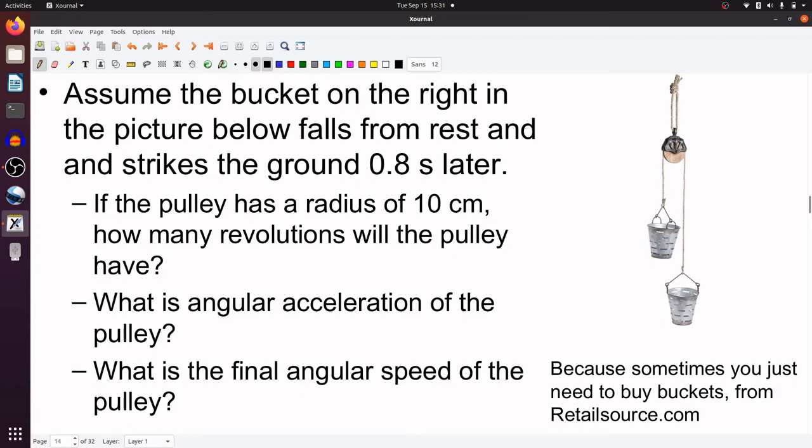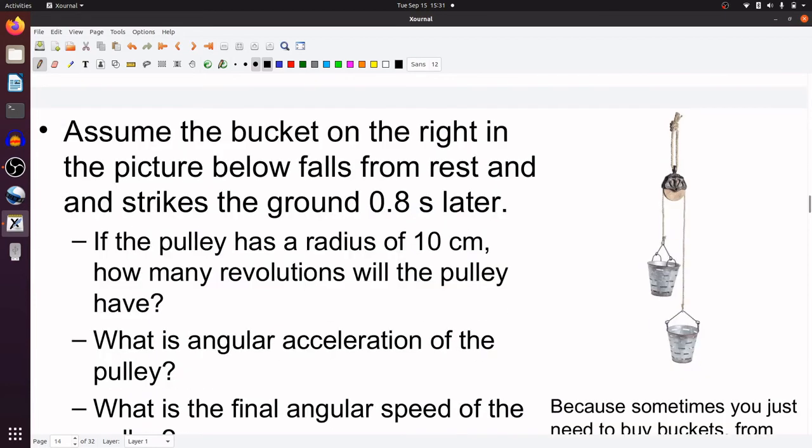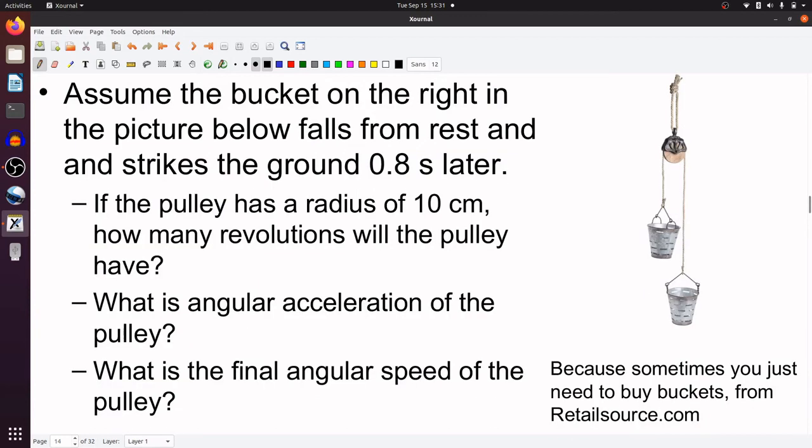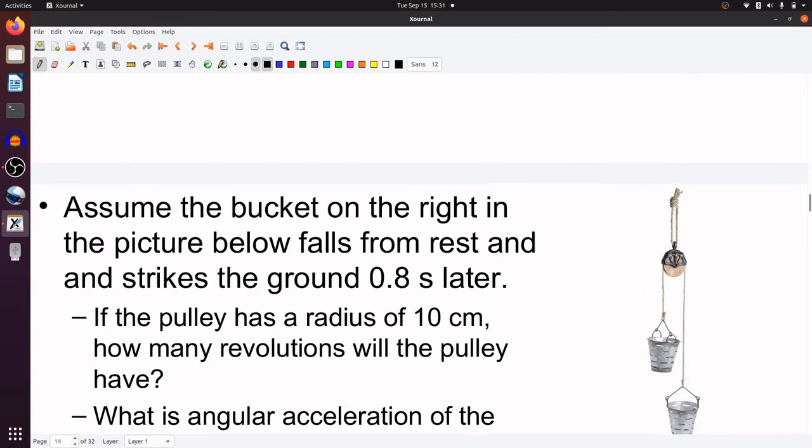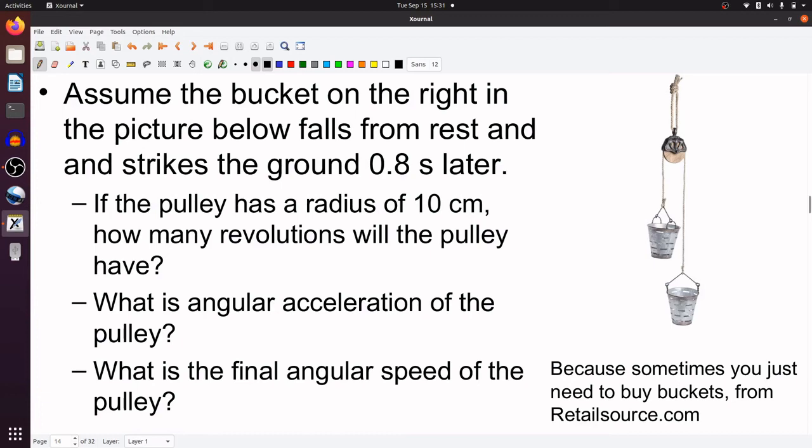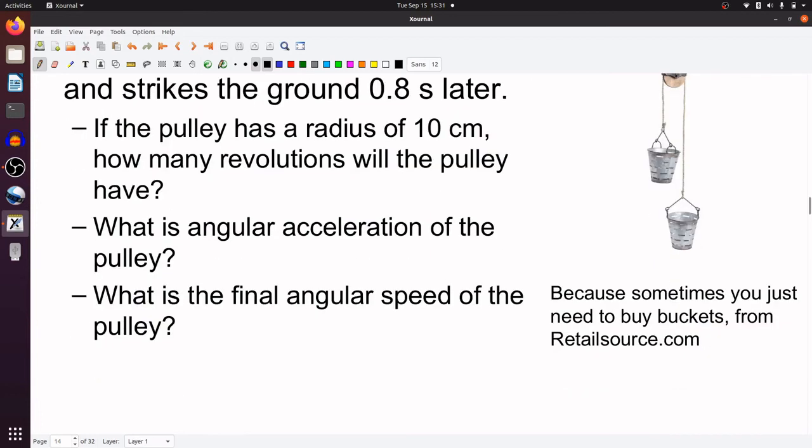All right, what do we know here? We know that it hits the ground 8 seconds later and it starts from rest. There are a couple of different ways to do this, but the easiest way to approach this problem is to figure out how far, y, it would fall.